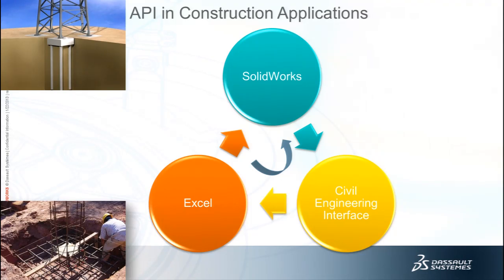API is programming, in this case in Visual Basic, embedded in SolidWorks. Also, I think you have 3 or 4 API sessions here. You can program in Visual Basic 6, which is embedded in SolidWorks, or you can program in Visual Studio .NET.